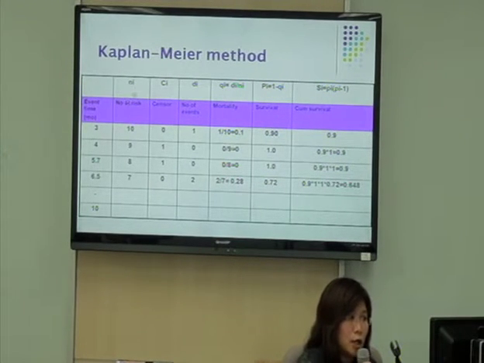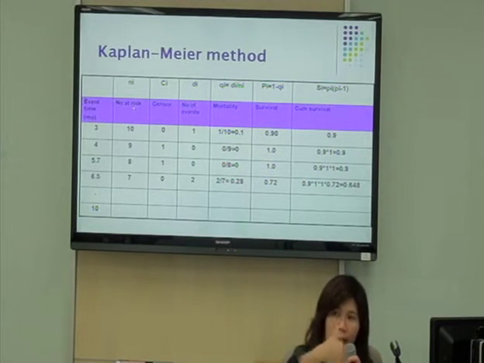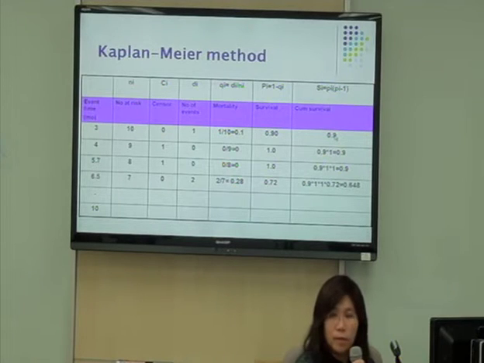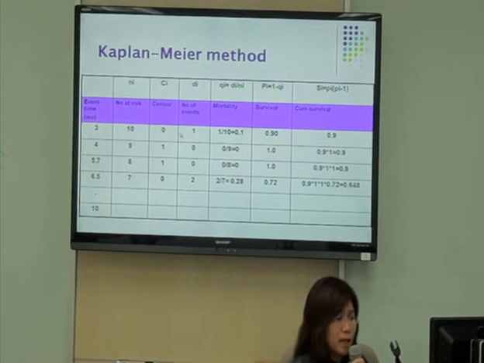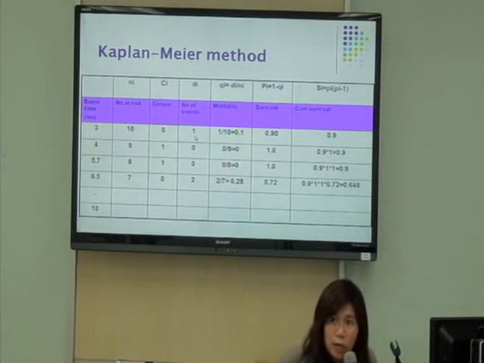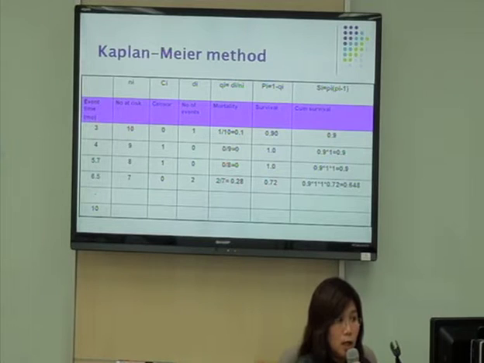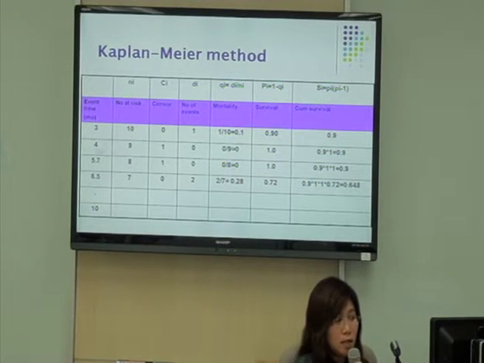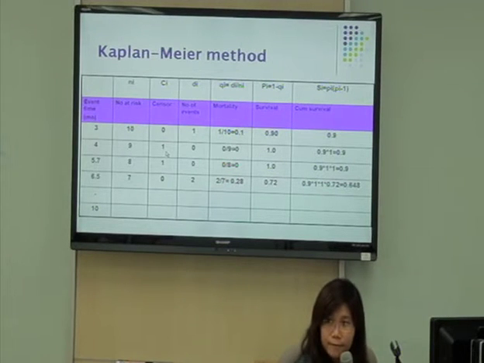And they also have NI, but right now it's not the number entering, it's the number at risk. Okay, and censored, how many censored, how many events, the mortality, survival, and cumulative survival. So you can observe that if you have the events that you are interested in, for example death, the survival will decrease. But if you see the second row, you just have censored.